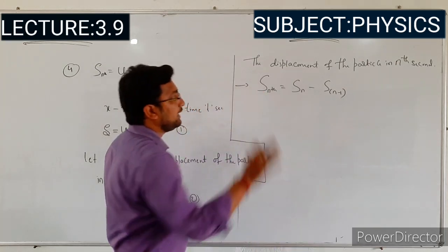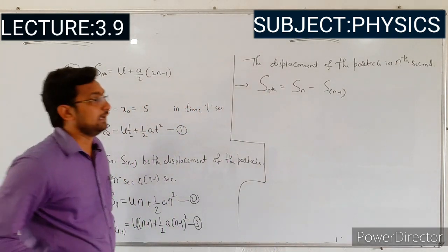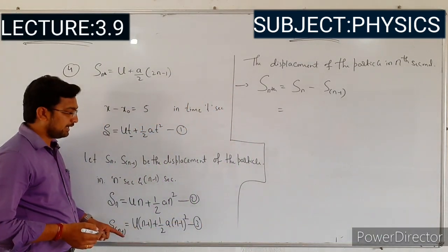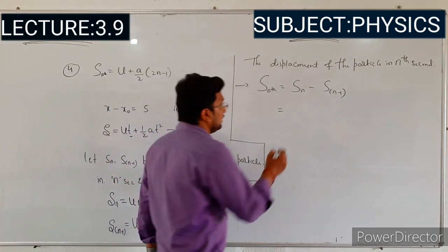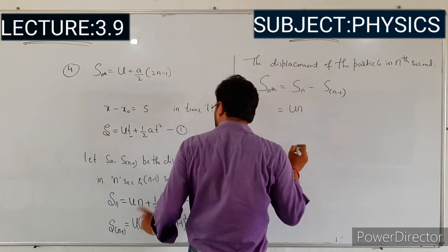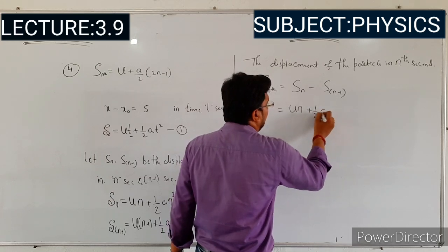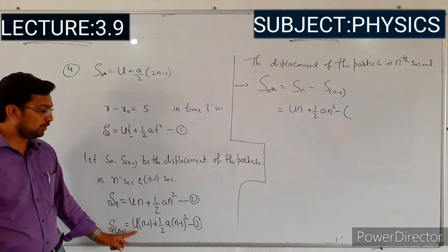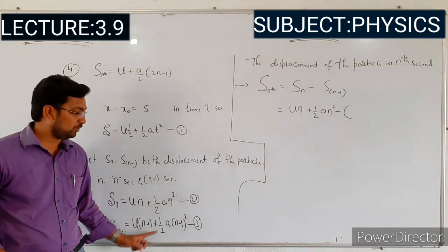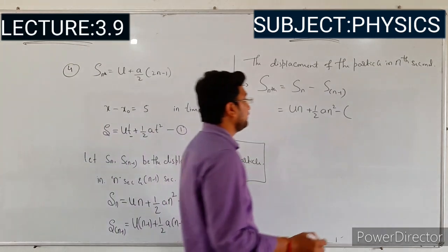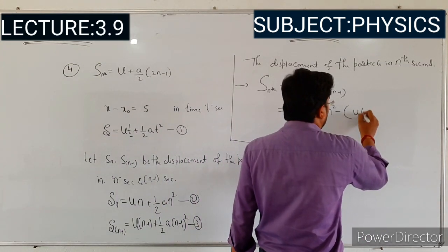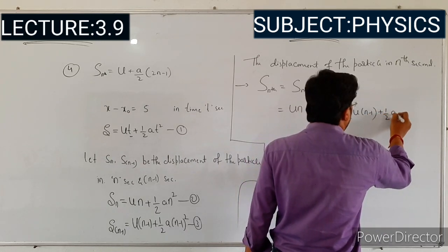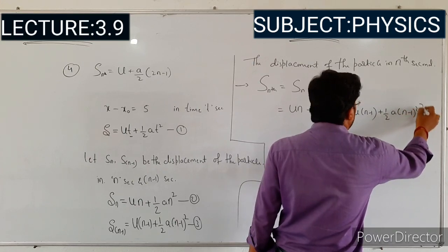So substitute the Sn value and the Sn minus 1 value: u into n plus 1 by 2 a n square minus u bracket of n minus 1 plus 1 by 2 a into n minus 1 whole square.